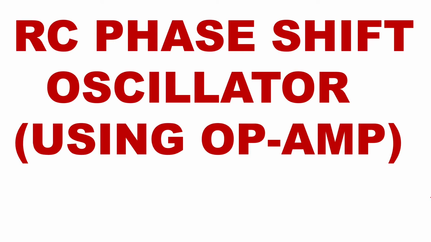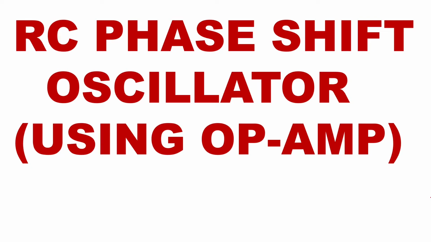So here is the topic: RC phase shift oscillator using op-amp, that is operational amplifier. This RC phase shift oscillator is a circuit which will use resistors and capacitors. That is why it is called RC. Resistor and capacitor are used to introduce whatever phase shift we require, so that the oscillator condition is met.